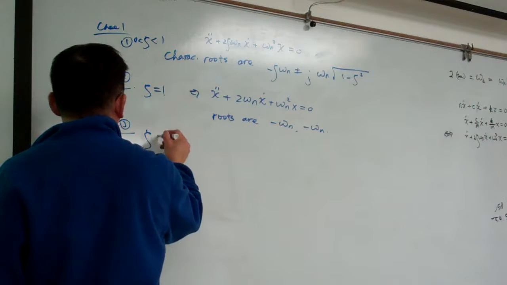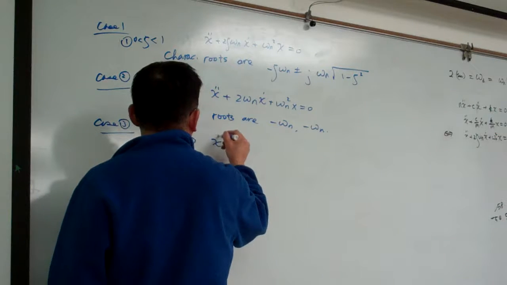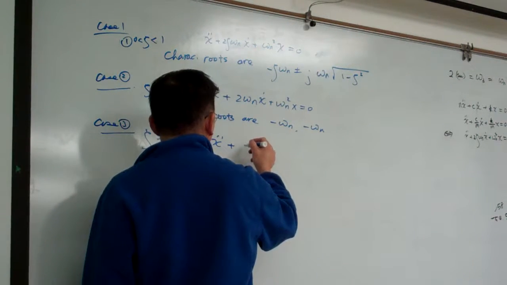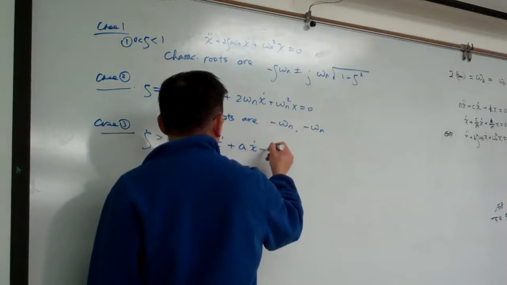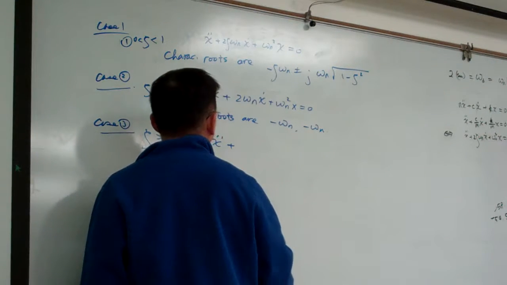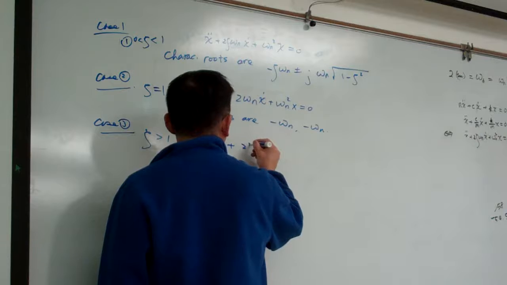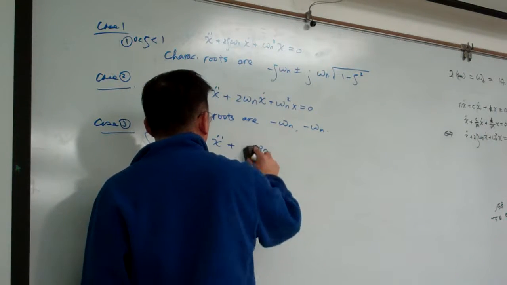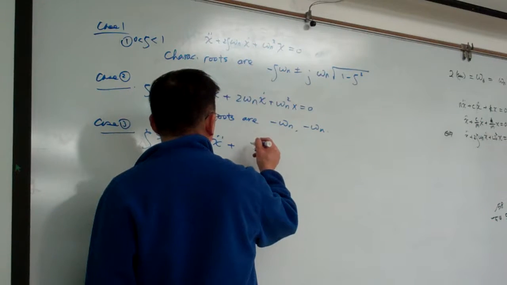Case 3, zeta is greater than 1, so x double dot plus, and let me make one example here, say a x dot plus b x. Let me make one example. Okay, so for example, this is say 3.